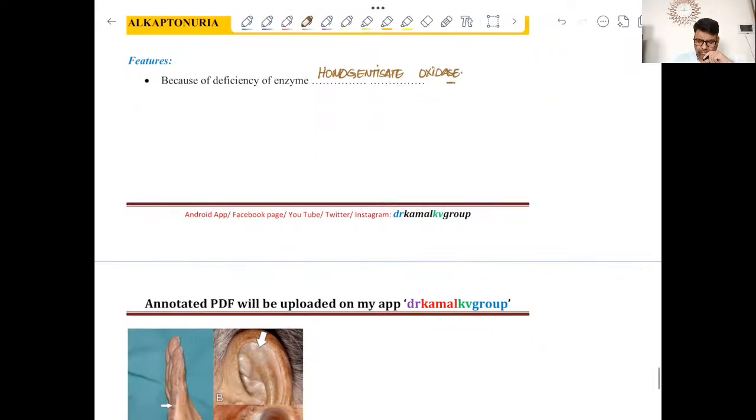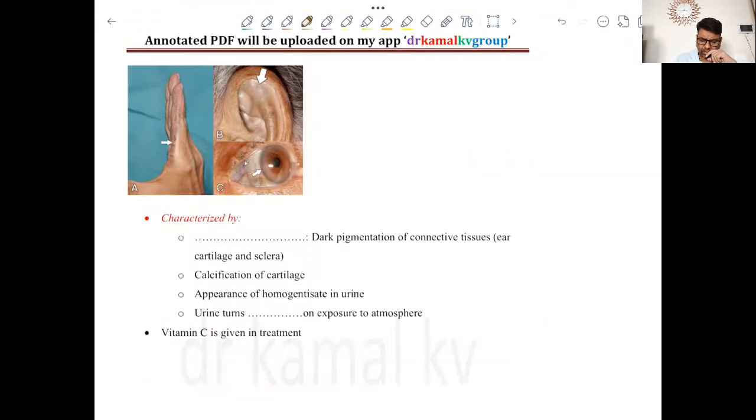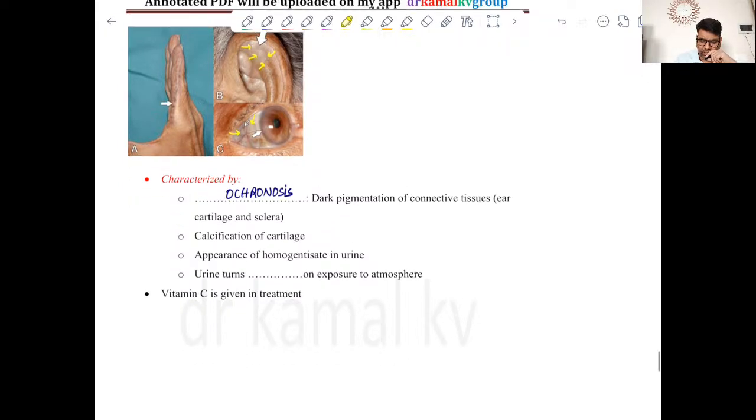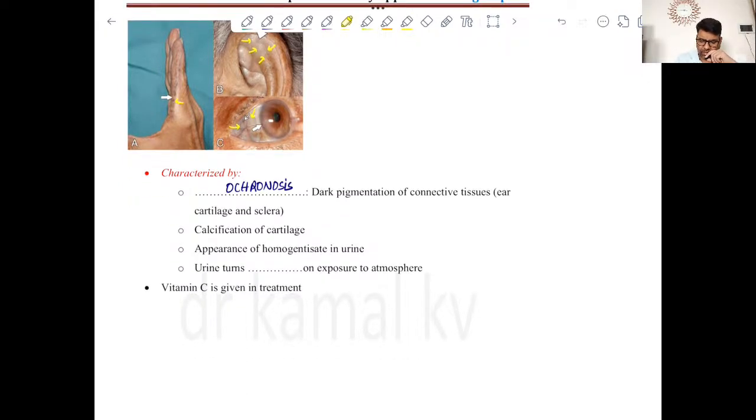And classically what we see is ochronosis, where there is dark pigmentation of connective tissues. So you can see here dark pigmentation, right? In the ear cartilage, or even in the sclera, you can see dark pigmentation here.